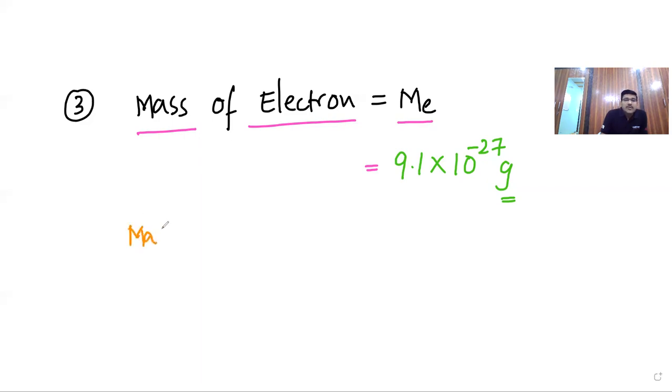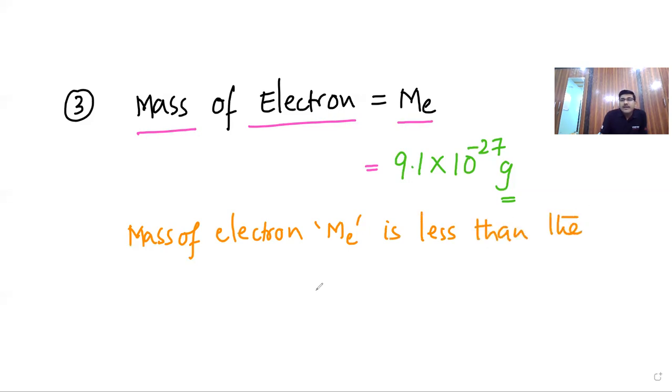Mass of electron, ME, is less than the mass of proton, MP. Clear? And already we have seen the mass of neutron is more than the mass of proton.